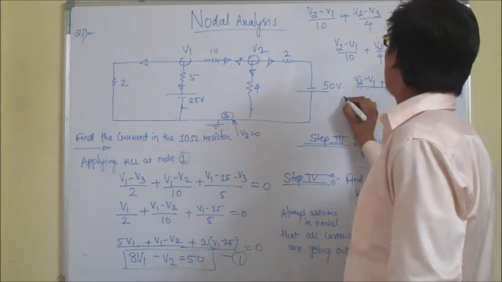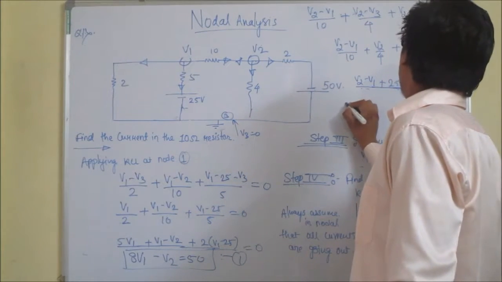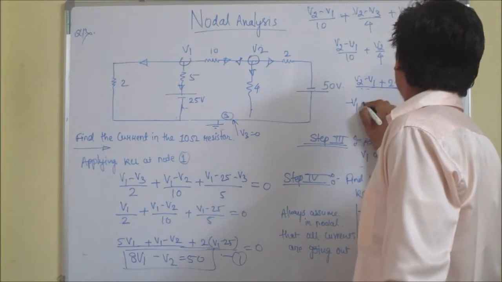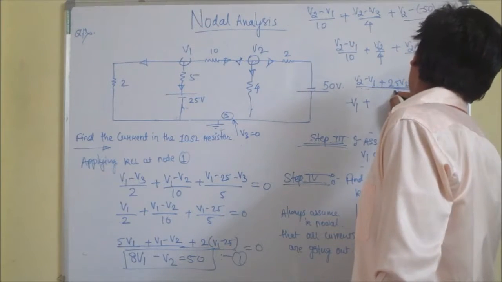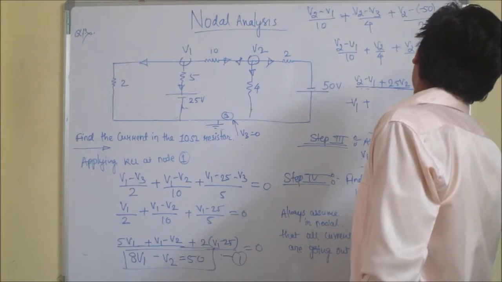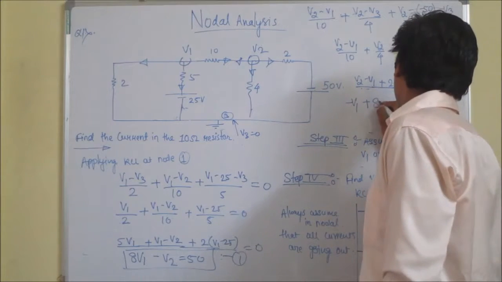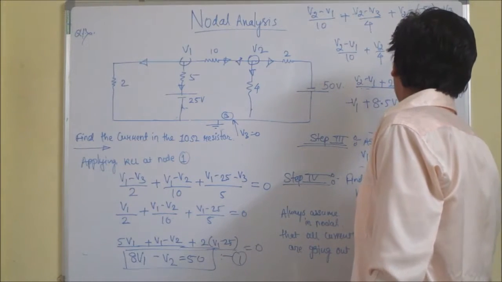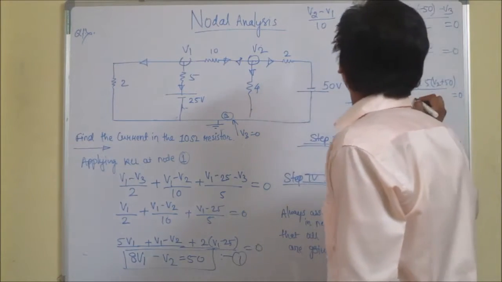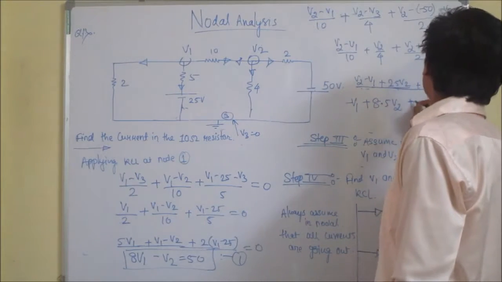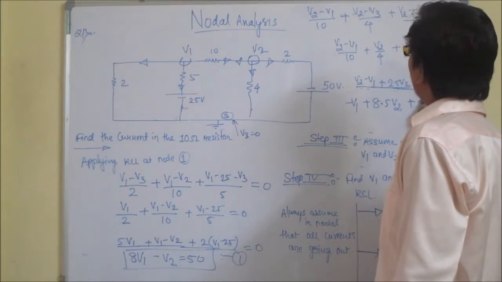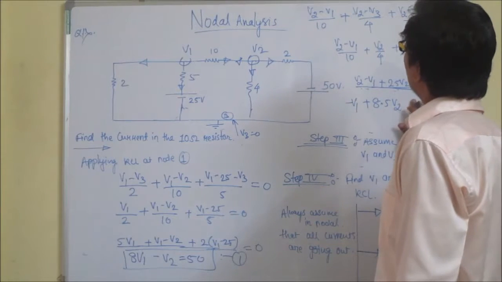Now what is the value of V1? Minus V1 plus 1 plus 2.5 is 3.5, plus 5 is 8.5 V2, and then plus 5 into 50 is 250, equal to minus 250.